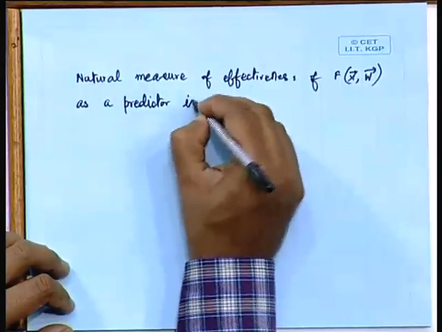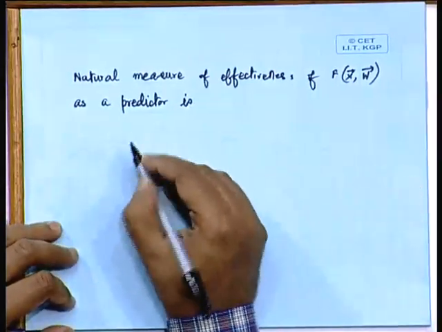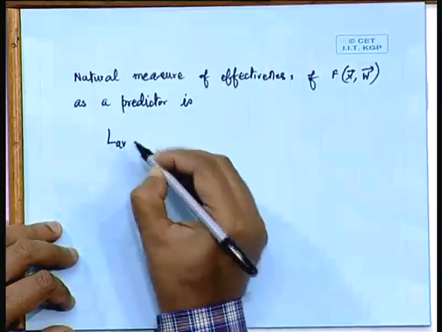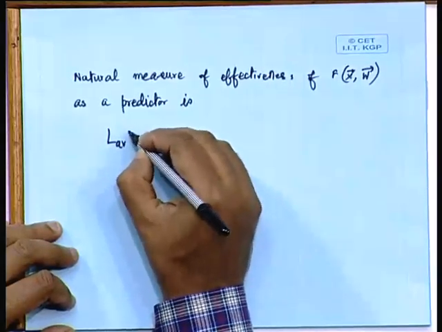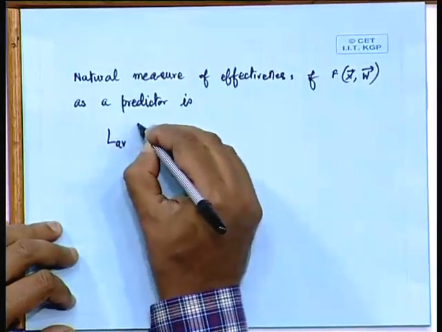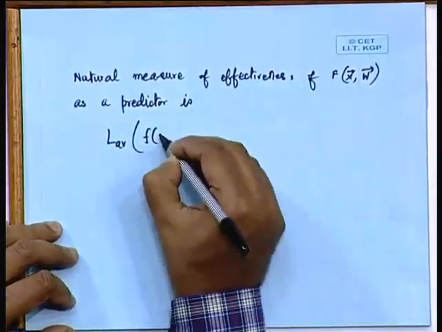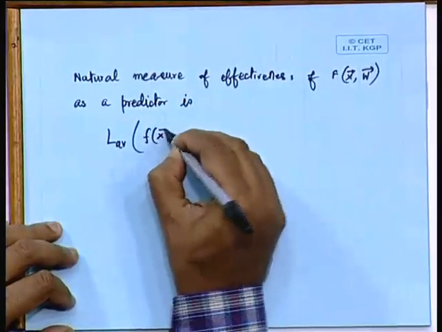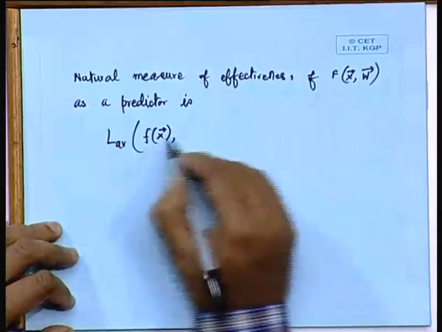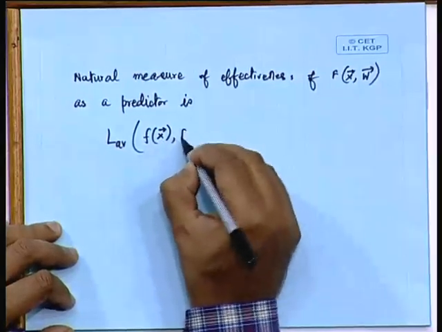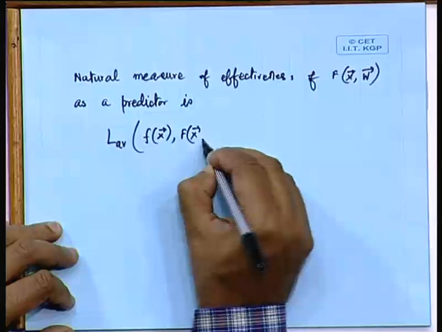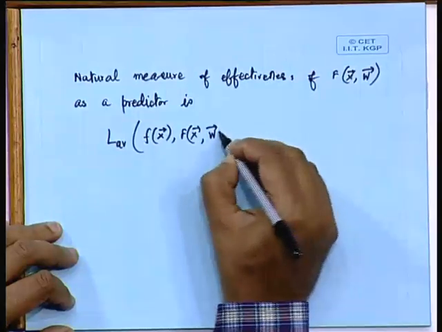So, the natural measure of this is L av, L average. We are indicating it by L, and the argument of L will be f of x, since we are predicting this f of x using f of x, w.